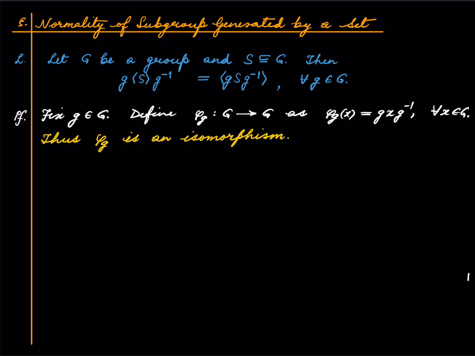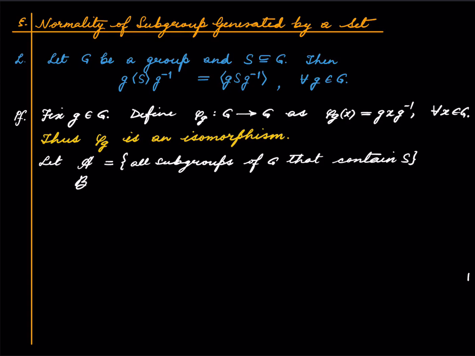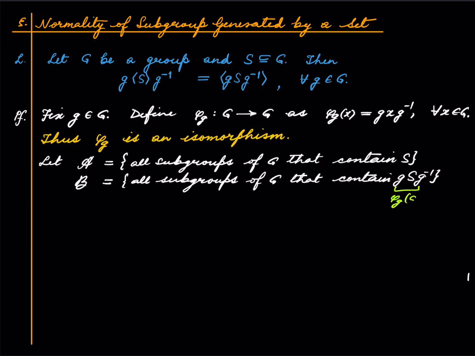Okay. Right. So now let fancy A be those subgroups of G that contain S, and fancy B, the first one was fancy A, the second one is fancy B, is all subgroups of G that contain g S g inverse, but realize that g S g inverse is nothing but the image of S under phi g.